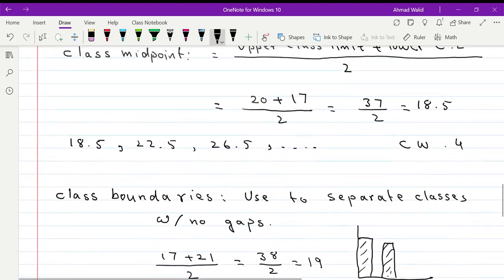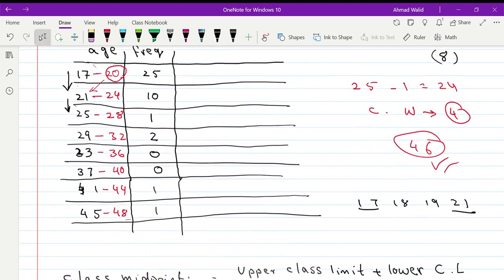Let me explain it in this table. If you add up all these frequencies, 25 plus 10 gives you 35, 35 plus 1 is 36, 36 plus 2 gives you 38, and 2 here gives you 40.